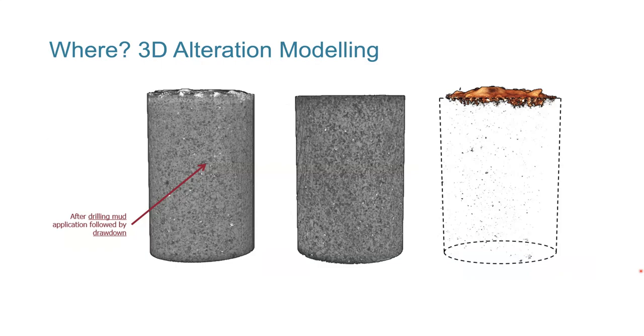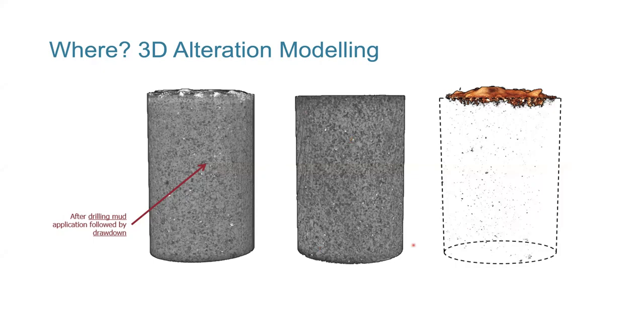This technique is called 3D alteration modeling that we've developed, and it's a visualization technique using micro or nano CT scanners, where we take a scan of the core sample at reservoir saturation, reservoir initial conditions at the start of the test. And this is typically 1,000 scans each in the X, Y, and Z direction. That gives you sub 10 micron resolution, a data set of 15 gigabytes.